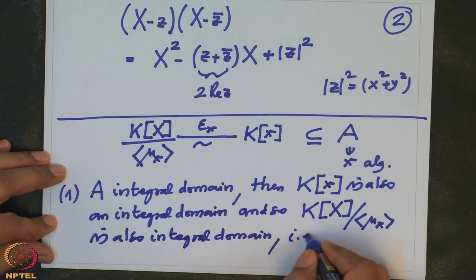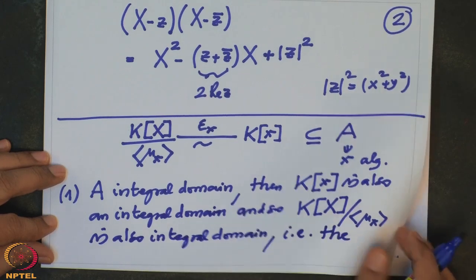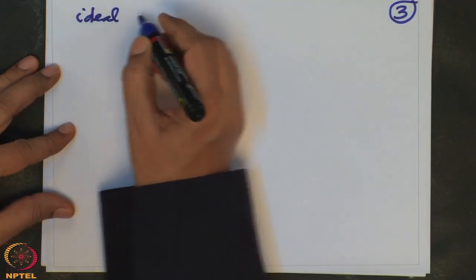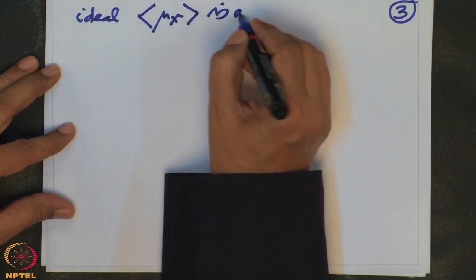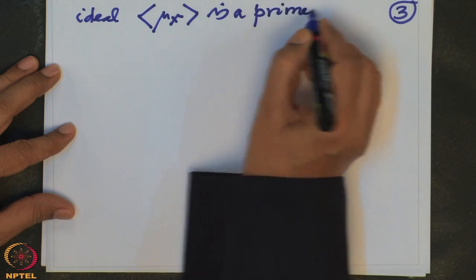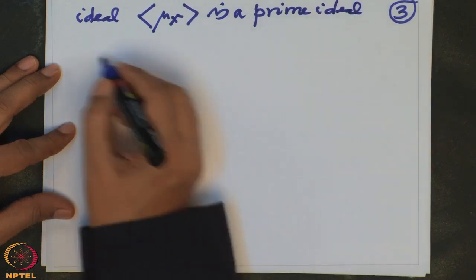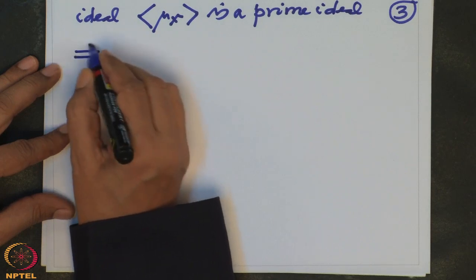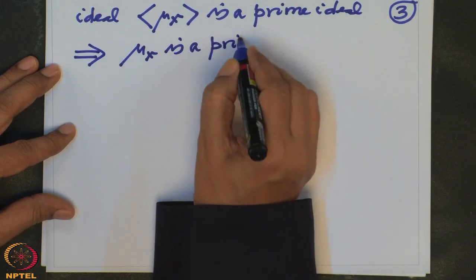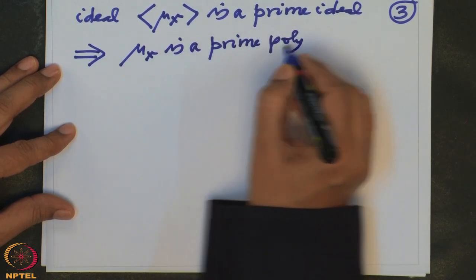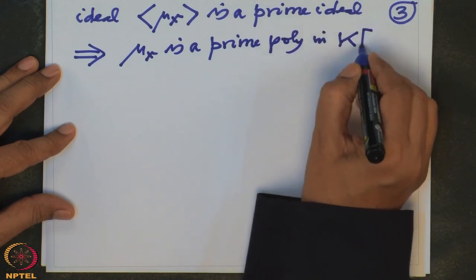So the ideal mu x is a prime ideal, then this mu x is a prime polynomial in the polynomial ring over K.